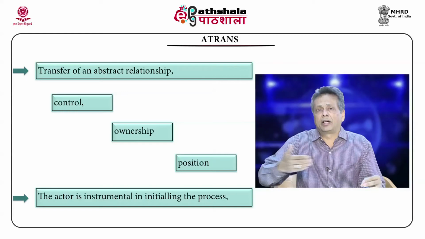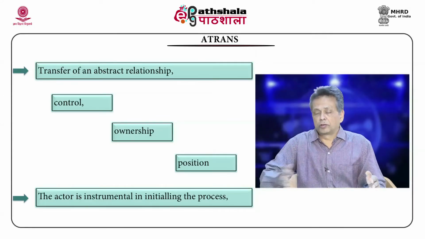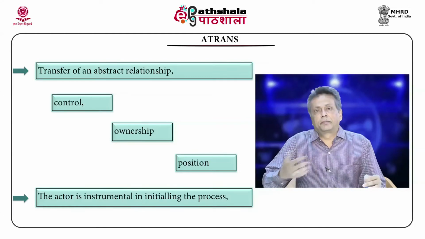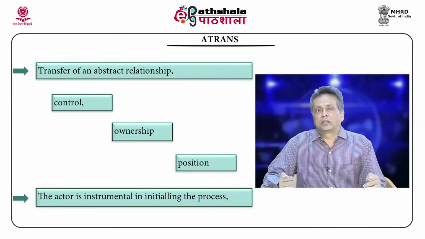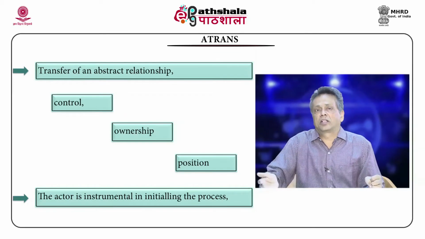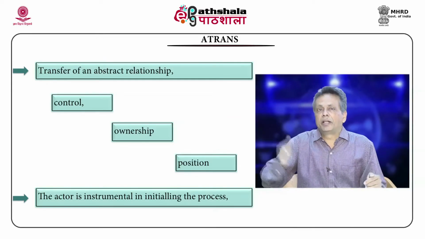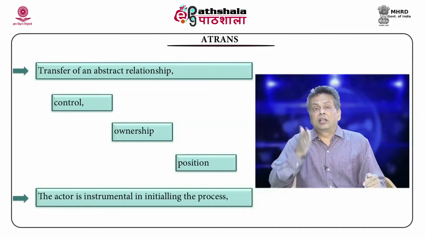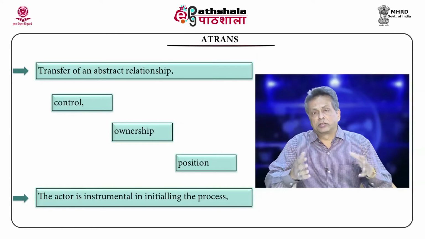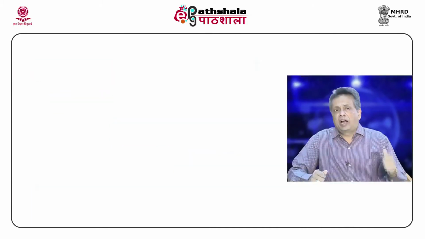It talks about mental control, actually the control or ownership or position transfer. For example, one example given in the handout says "Sachin gave his bat to Sarfaraz." Now, that is an example of the transfer of ownership. Such things are represented using the primitive called A-trans. A-trans represents an action, transfer of ownership, and it has an actor.